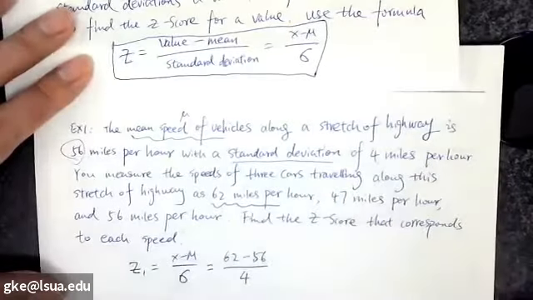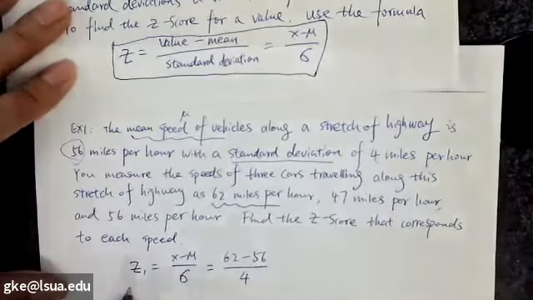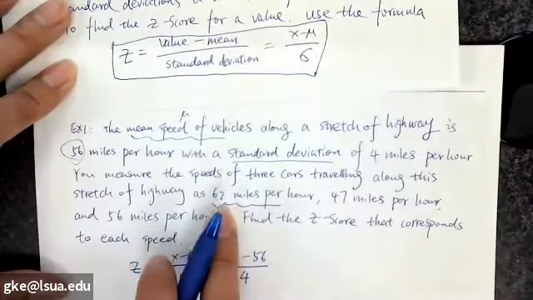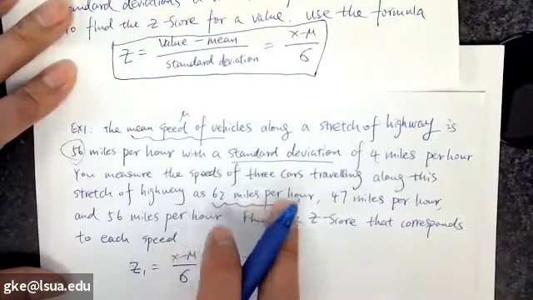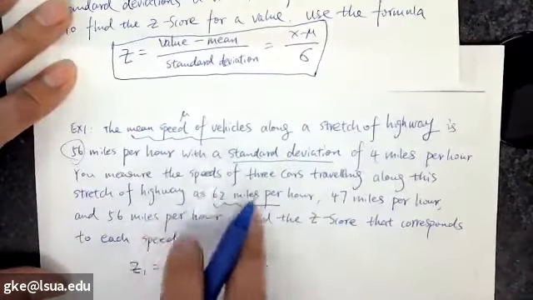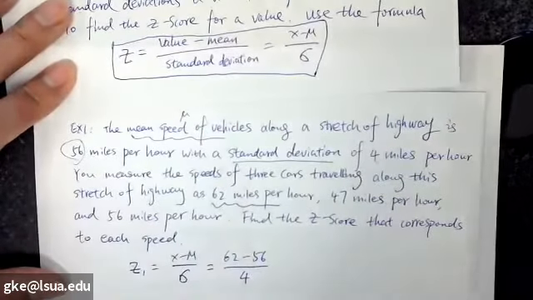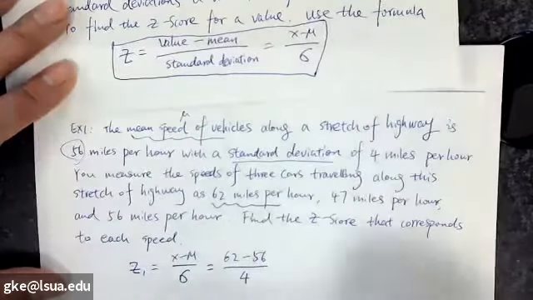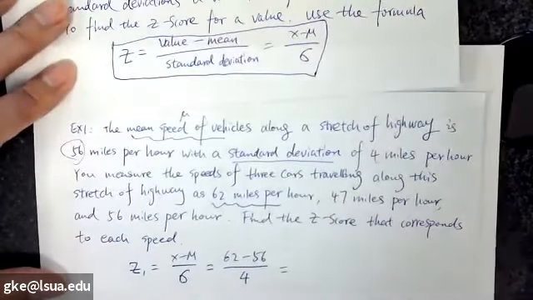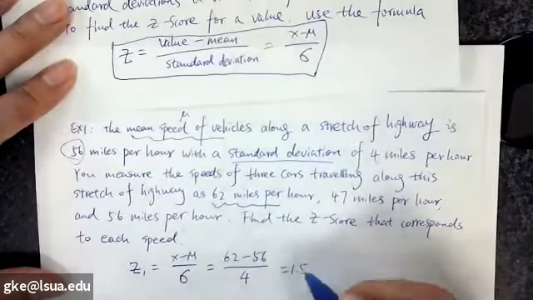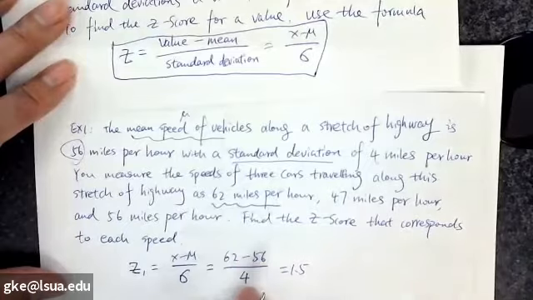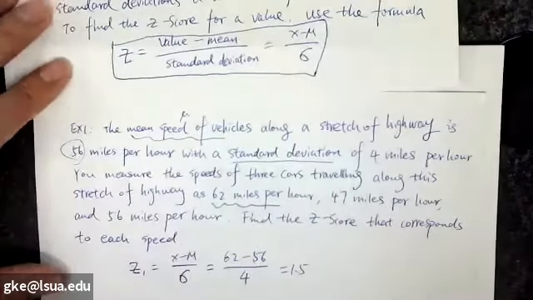That's it. So that's the first z-score, corresponding to 62 miles per hour. So we have 6 divided by 4, going to be 1.5.